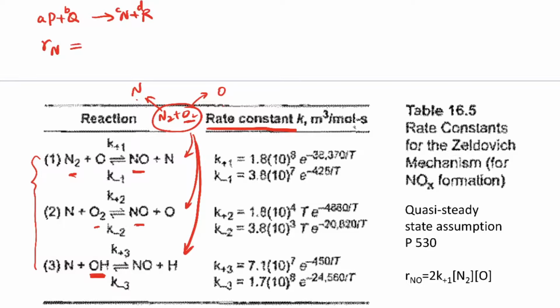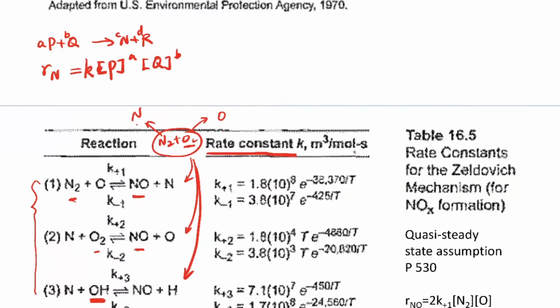Then the reaction rate of N is going to be equal to the concentration of P to the power of A, and then the concentration of Q to the power of B, and then there's going to be a rate constant, okay.